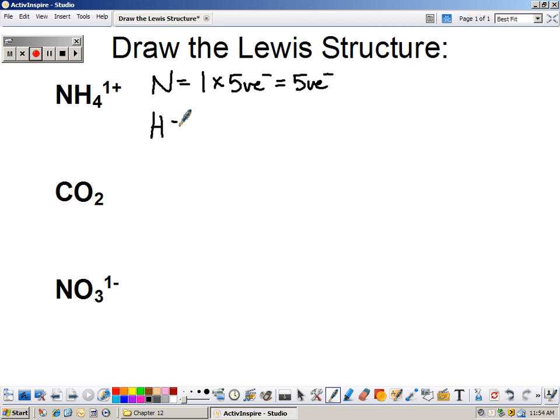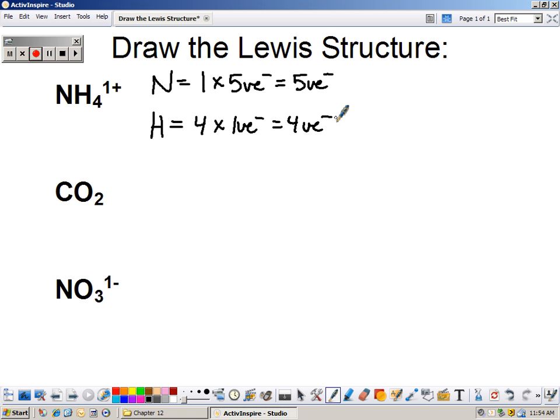Hydrogen has 1 valence electron. There are 4 hydrogens. 4 hydrogens times 1 valence electron each gives you 4 valence electrons.